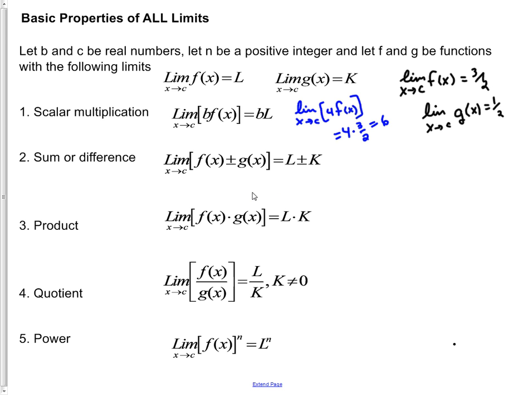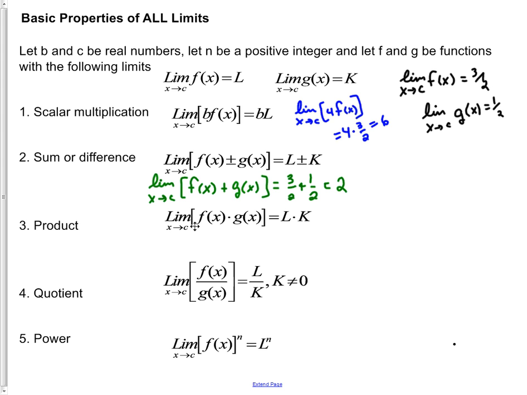So, for example, in this case, if we were to check the limit as x approaches c of our function f of x plus g of x, we know our limit of f of x is 3/2, and we're adding to that the limit of g of x, which is 1/2, and so by this rule our result is going to be 4/2, which is the same thing as saying 2.